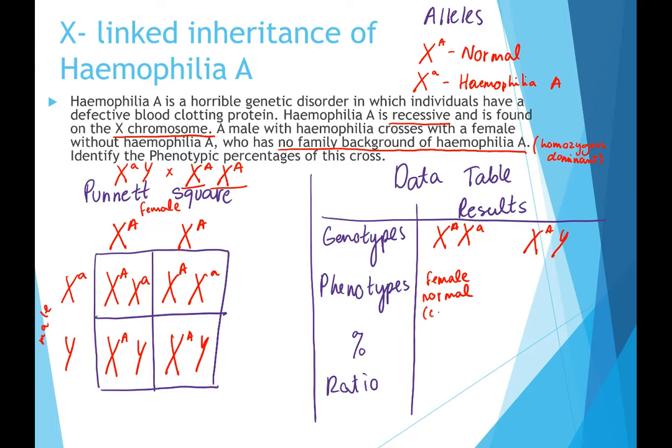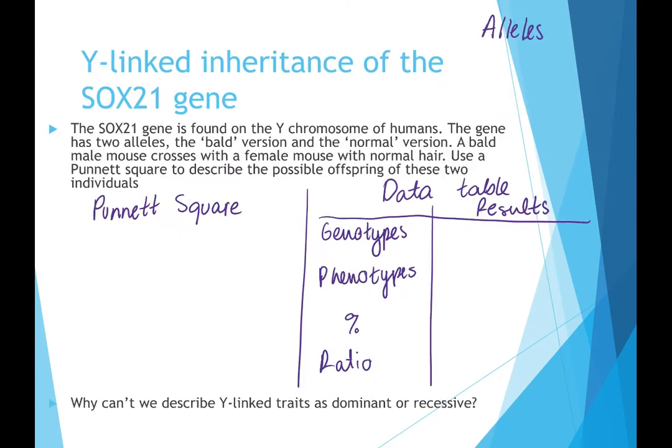But she is also what we call a carrier, okay, which is another way of saying she's heterozygous. In this case here, we have a male who is normal, but he is not a carrier, okay? Percentage-wise, it's 50-50. And for the ratio, it's just 1 1, okay?